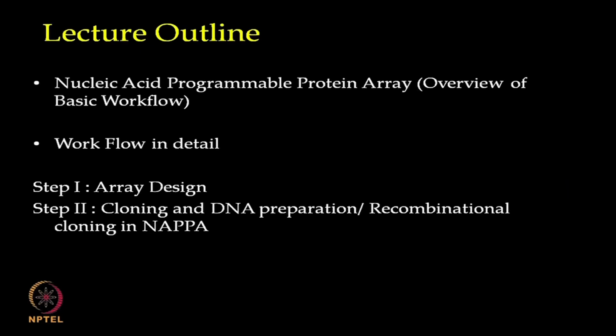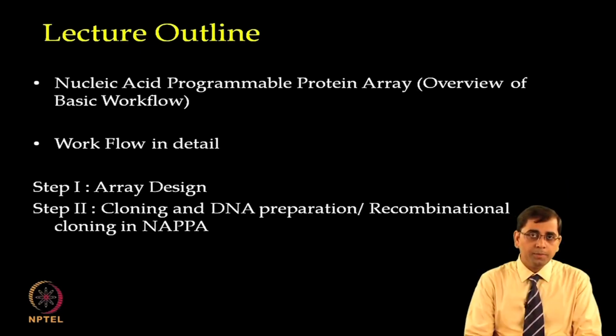Based on the overview of different types of protein microarray platforms and cell-free expression based systems from our previous lecture, we will now focus on how to make protein microarrays by using the NAPPA approach. We will go through a stepwise workflow of monitoring various parameters.